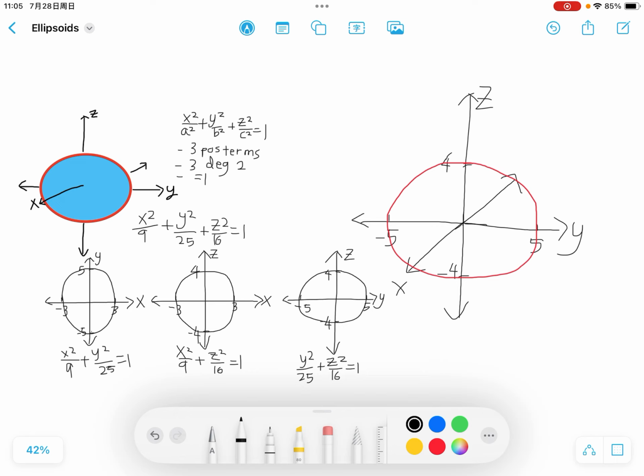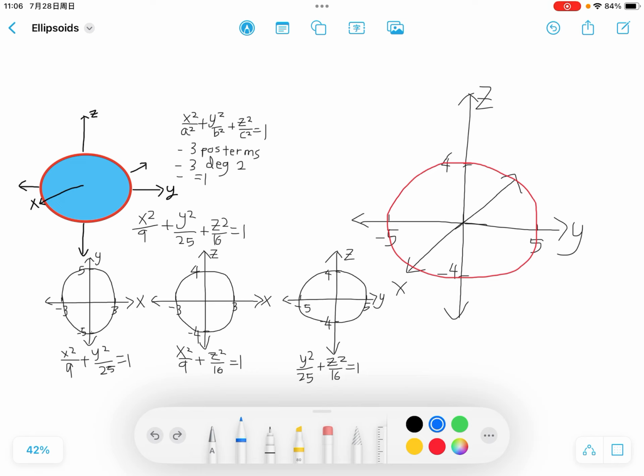So the top view is also an ellipse. So that just suggests that our ellipse is something like that, like to the back. It's not that large, so I can try drawing the XY view.